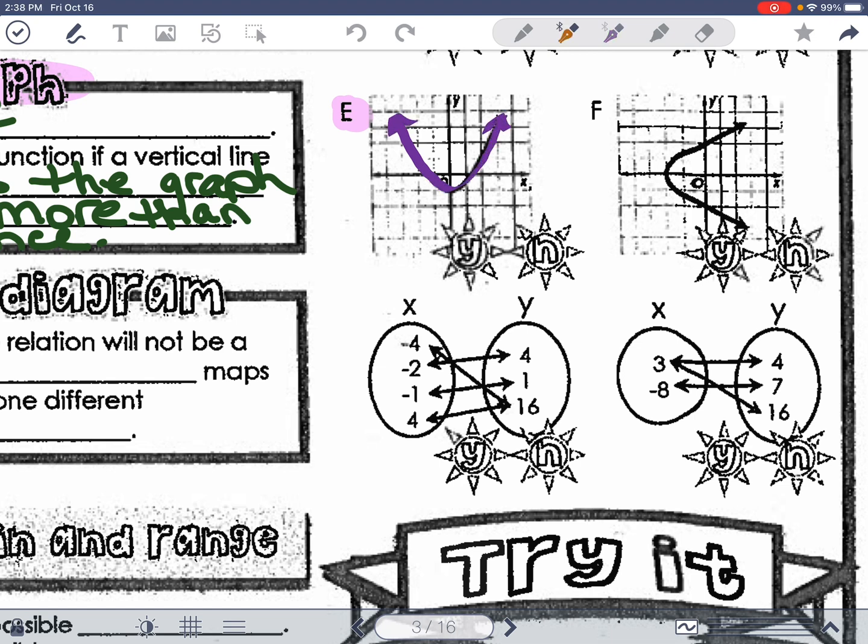And if I do my vertical line, boom, I only hit one time. Each time I draw a vertical line, I only hit one time. So that one would be a function. Now if we look at our graph in letter F, and we draw our vertical line, it hits twice. So that is not a function.